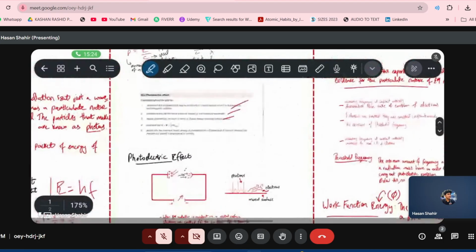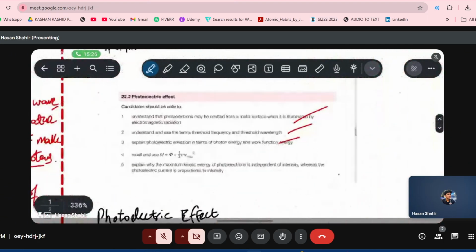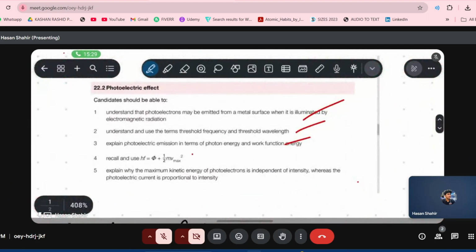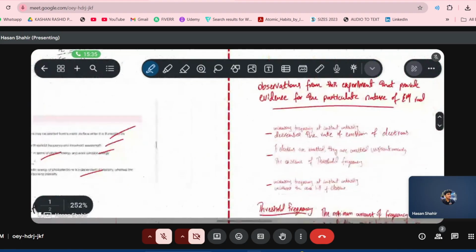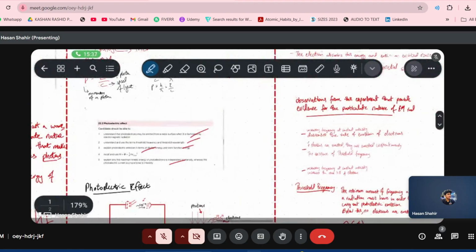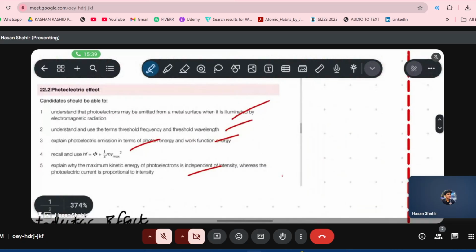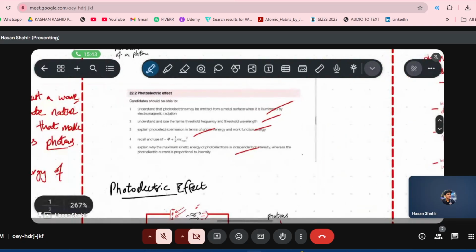All right. So this was the second topic of this chapter. We have covered this formula and the reasons and the observations from the experiment that provide evidence of the particulate nature of electromagnetic radiation. So hope you guys understood.